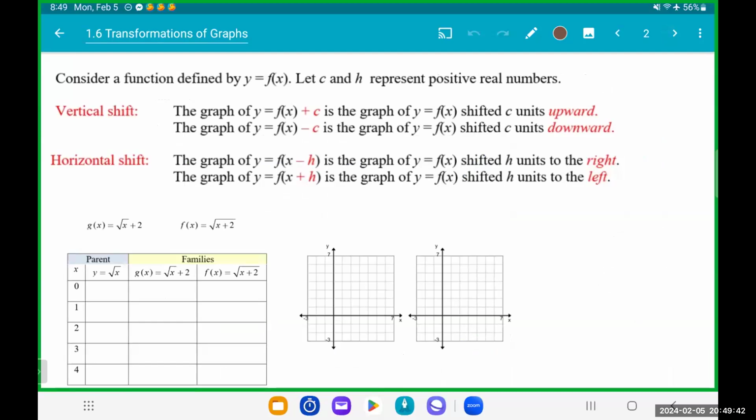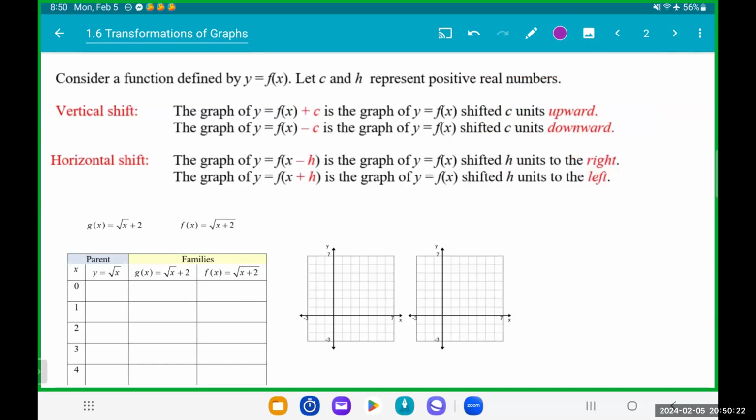First of all, 2 of the more common transformations are vertical shifts and horizontal shifts. A vertical shift is, am I shifting up or down? And a horizontal shift is, am I shifting left or right? If I have my function plus c, which is a constant, the plus tells me I'm shifting up, the minus tells me I'm shifting down.